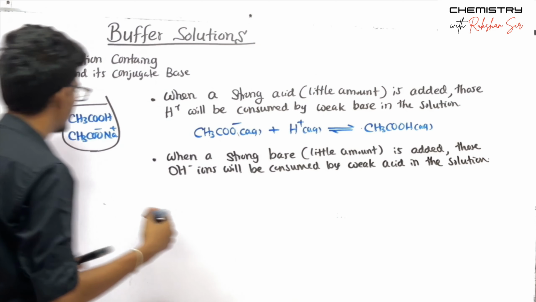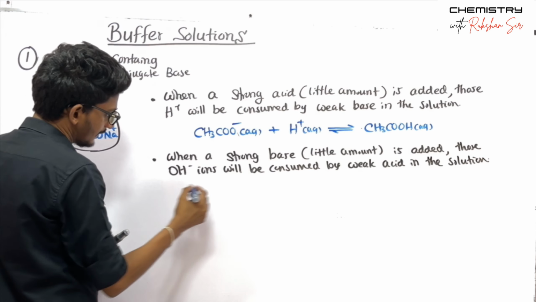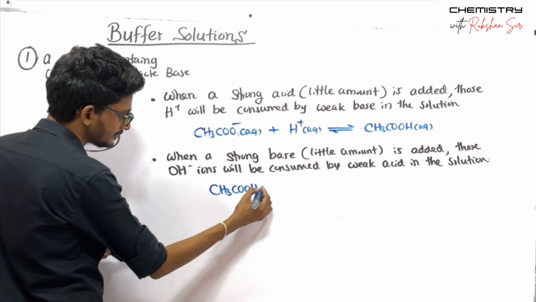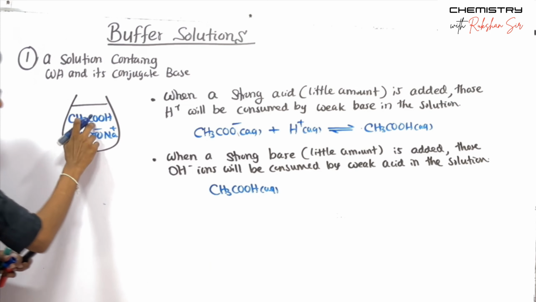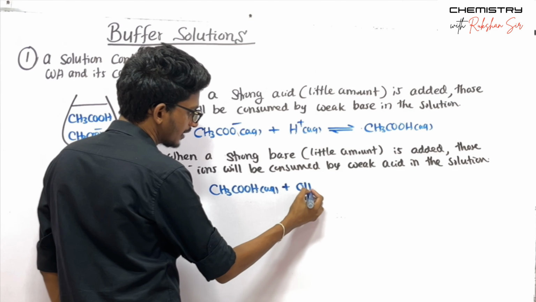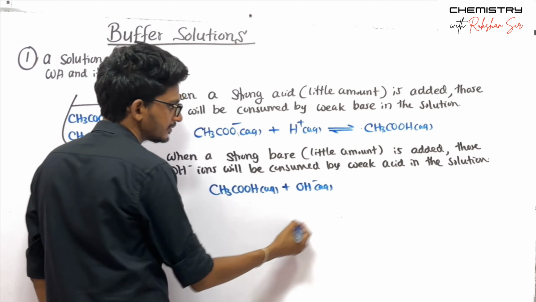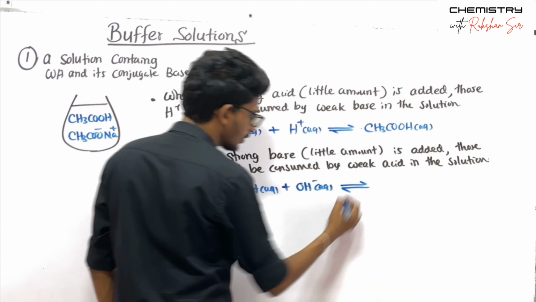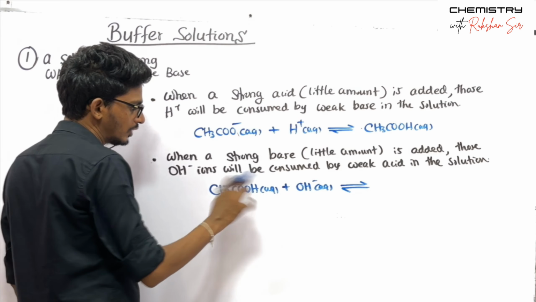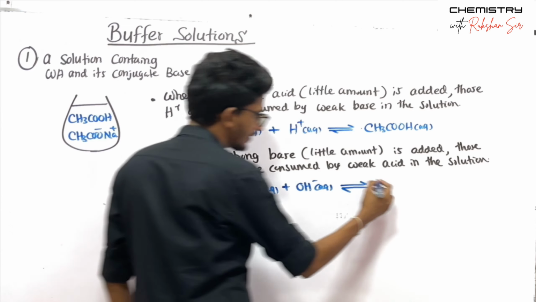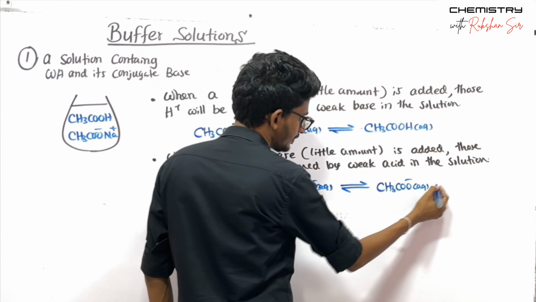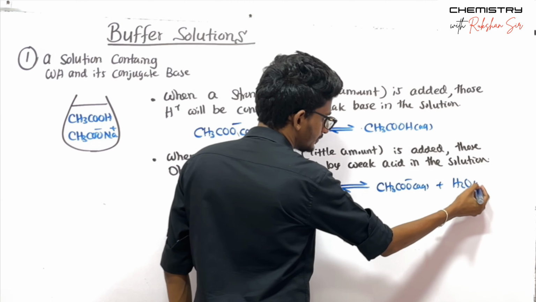You have to mention the equation there. So the weak acid here is CH3COOH. This is the weak acid in the solution that will consume the OH minus you are adding. So that will convert to what? The OH minus will grab this H plus of your acid. So you will come up with CH3COO minus and H2O.